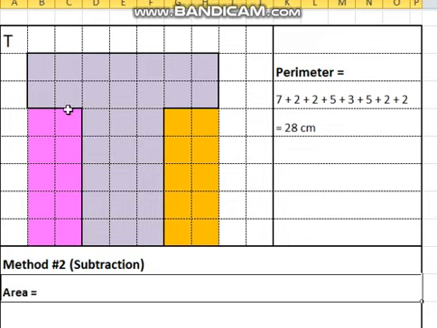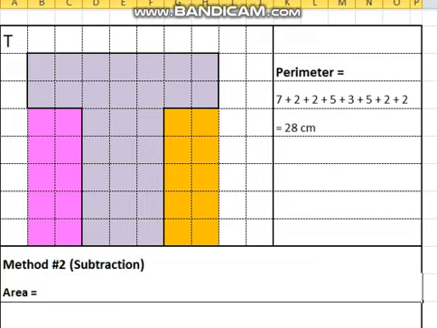So you can see the T shape is made of the whole area minus the pink area, and then minus also the orange area. So how to do this one? Let's do it again, which is the total area minus the pink, and then minus the area of the orange.